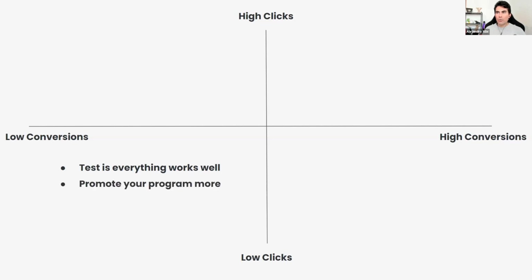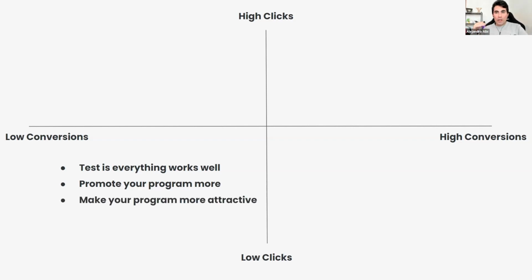If everything is going well, then you need to promote your program more. Then evaluate the resources you have. What can you do to promote it more? Do I need to post it on my website, ask affiliates to promote me, or even run paid campaigns? Do I have a budget for that? That will probably be your decision number 2: do I need to promote my program? Yes. How? Do I have a budget? What can I do?